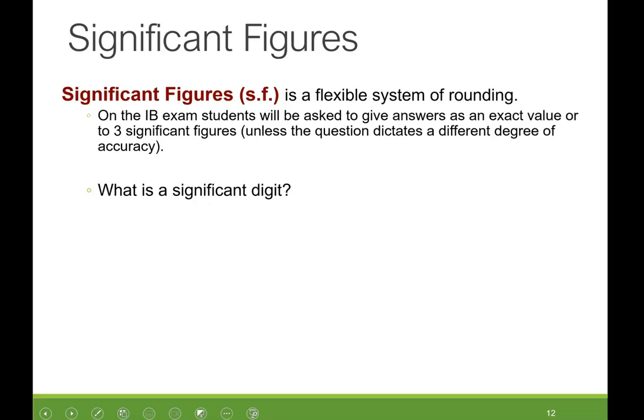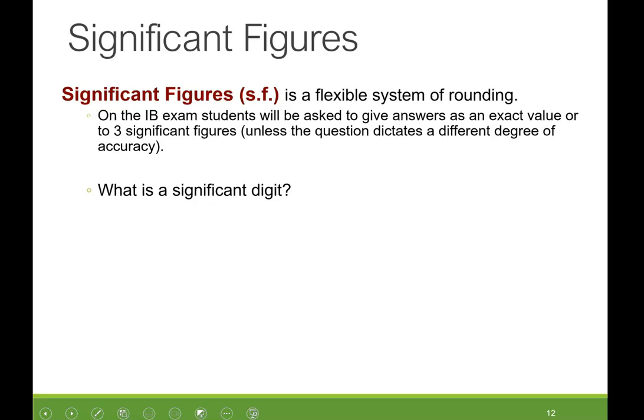So, rule number 1, what kind of digits are always significant? Non-zeros. Any non-zero digit is always significant. Everybody agree? Zeros are the hinge. There are 3 types of zeros.